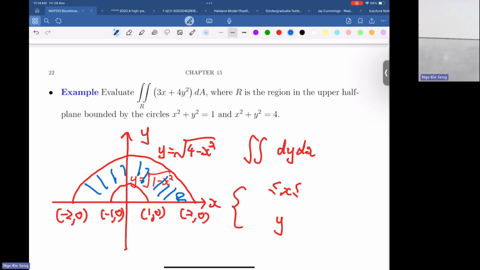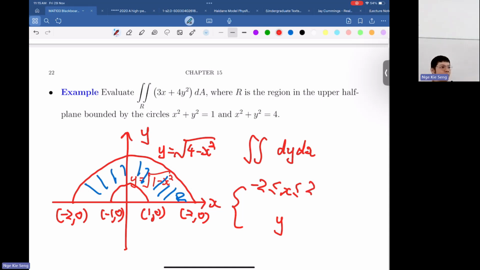Okay, -2 to -1, and 1 to 2. But after a certain y, you change again. So in this case, you should take all of them first, and then y will help you take care of them. Let's try first. Let's say we take -2 to 2 first.